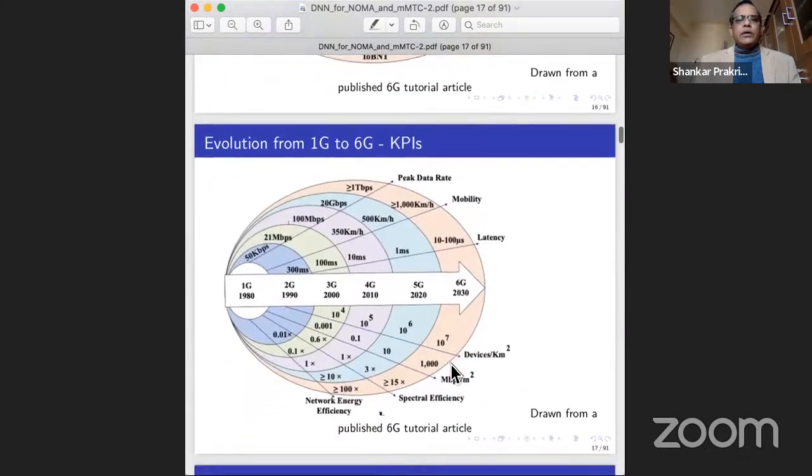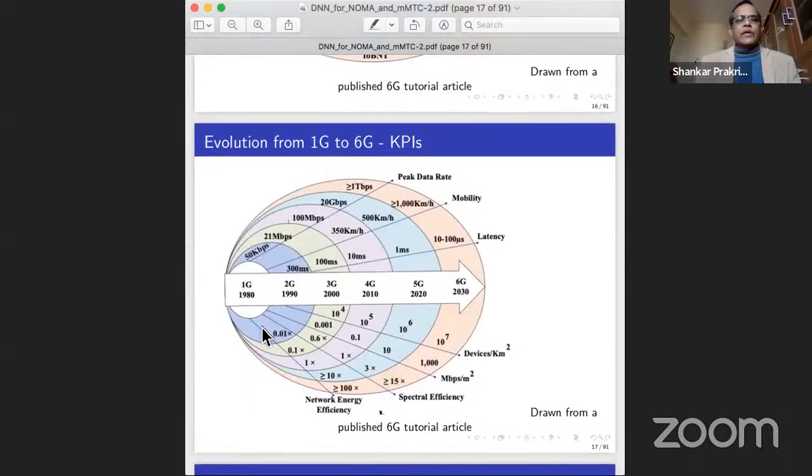And regarding the KPIs, you can see that it has been changing dramatically. If you look at the peak data rates, in 6G, you're expecting a peak data rate of greater than 1 terabit per second. That's an enormous amount of speed. Even the 5G speed of 20 gigabit per second is very, very high. Right? But you can see the orders of magnitude increase in the peak data rate. And also in the mobility, right?